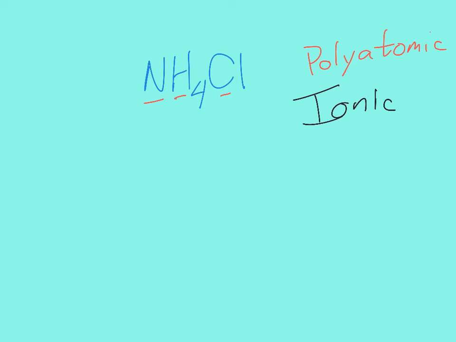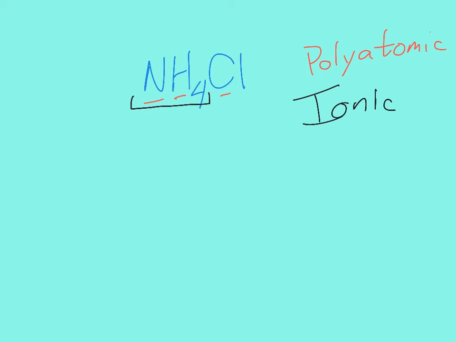The majority of them are the last elements, but there is no Cl on my polyatomic chart, but there is NH4. So NH4 is my polyatomic ion.